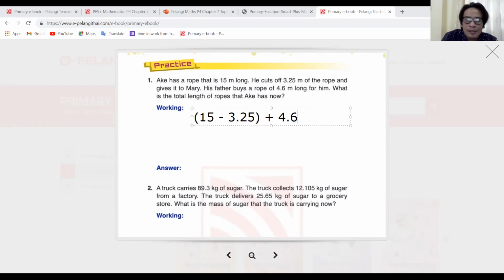4.6 equals blank. Wait, I'm going to adjust the font size. You can use the, oh, very small. I can see. Okay, this one is okay, right?